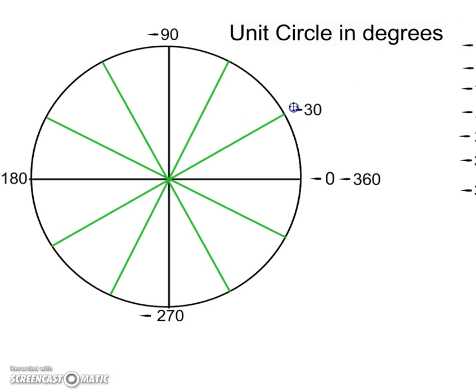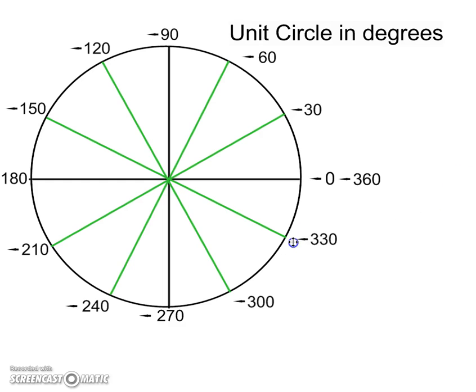So here's 30 degrees, 2 30s is 60 degrees, 3 30s is 90 degrees, 4 30s makes 120, 5 30s, 6 30s, 7 30s, 8 30s, 9 times 30, 10 times 30, 11 times 30, and 12 times 30 gets me to 360 degrees.